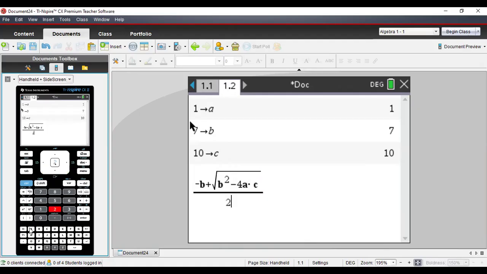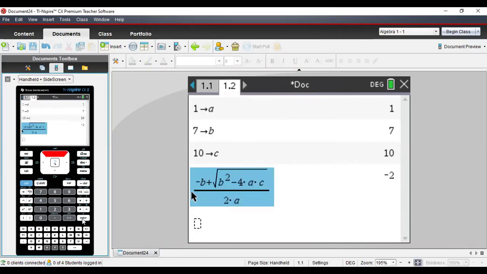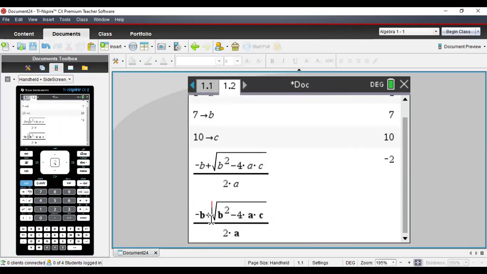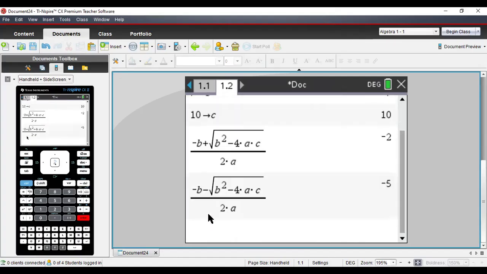Press enter. Tells me that the x value is negative 2. So I can come here and I can say x is equal to negative 2. And then x equals, all I have to do now is change this to a minus, and we get negative 5.